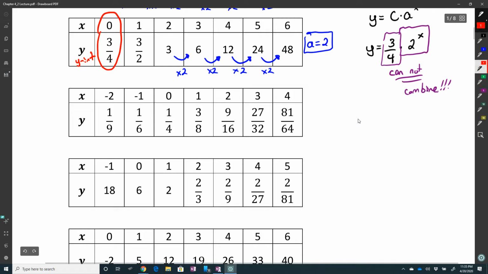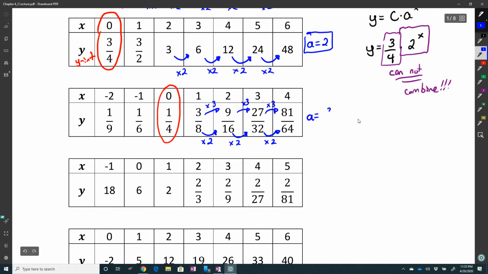Here, I try to be a little tricky. I put the y-intercept here instead. And it seems a little weird with all the fractions, but if you ever encounter fractions like this and you're trying to find your multiplier, just do the numerator and the denominator separately. Here, notice that this is times 2, times 2, times 2, whereas on the top, it's times 3, times 3, times 3.